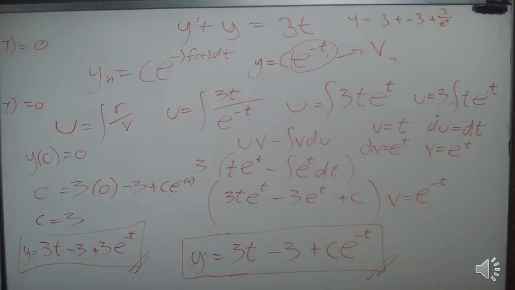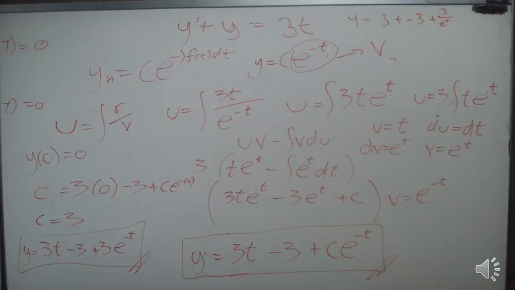So u would be the integral of 3t over e to the power of minus t. So we have u equals the integral of 3t times e to the power of t. So we have u equals 3 times the integral of t times e to the power of t.